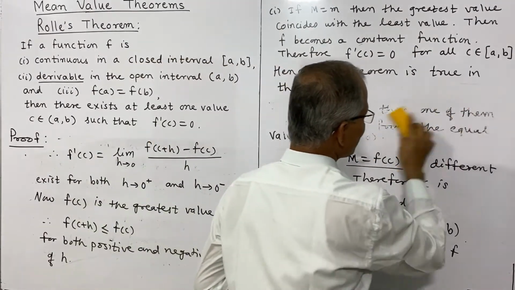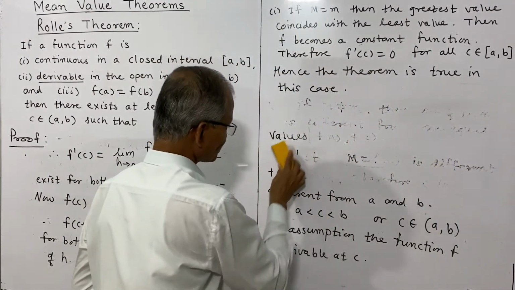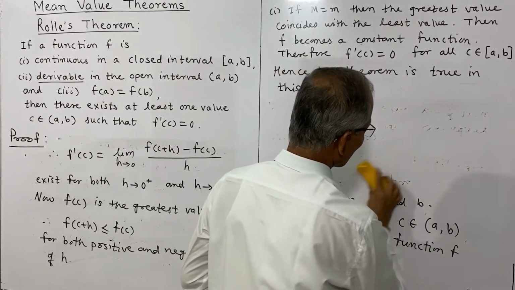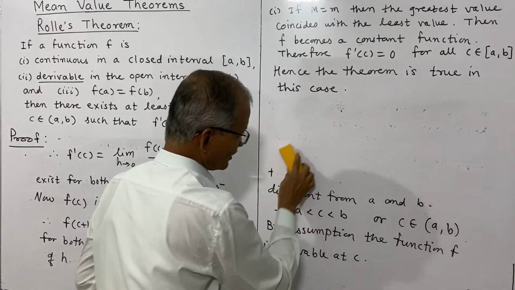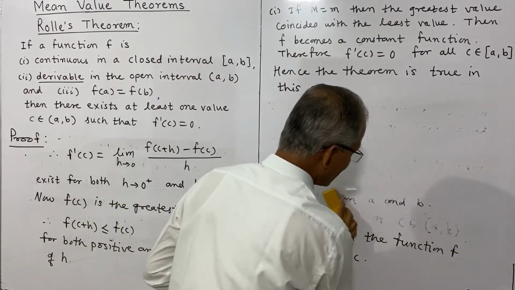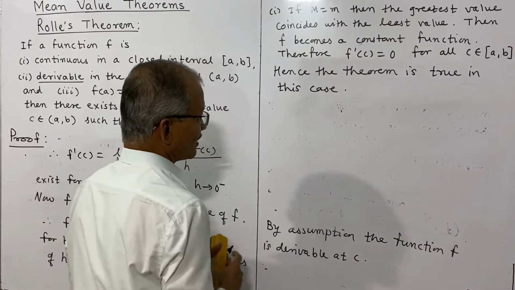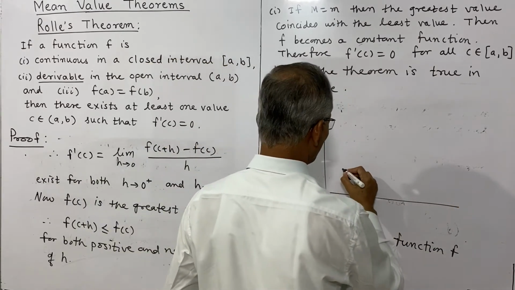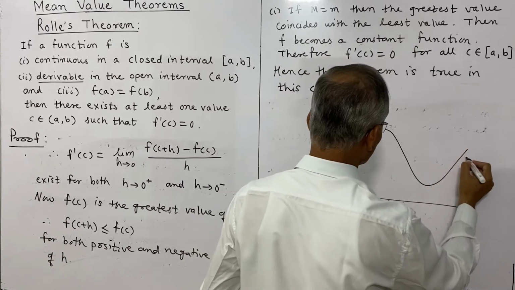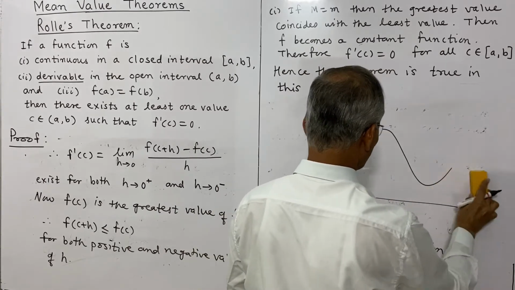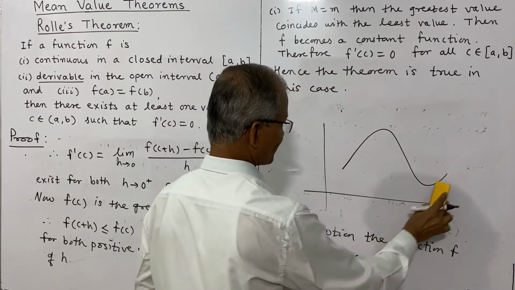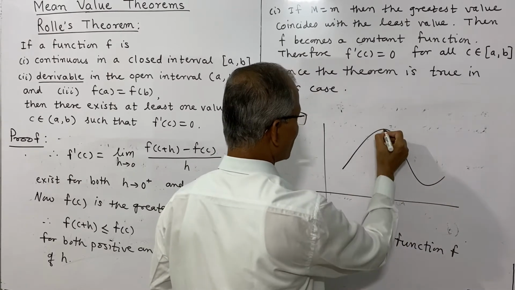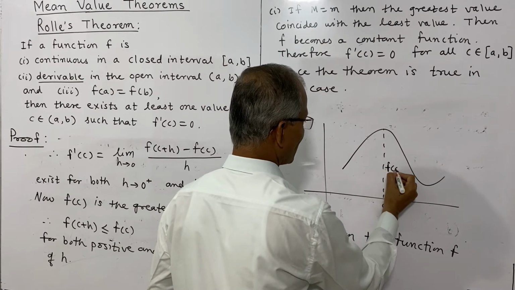Or otherwise we may see this. We have drawn the graph earlier like this. We have the graph like this, and these values are equal at this point. So this is the maximum value at c, and this height is f of c.